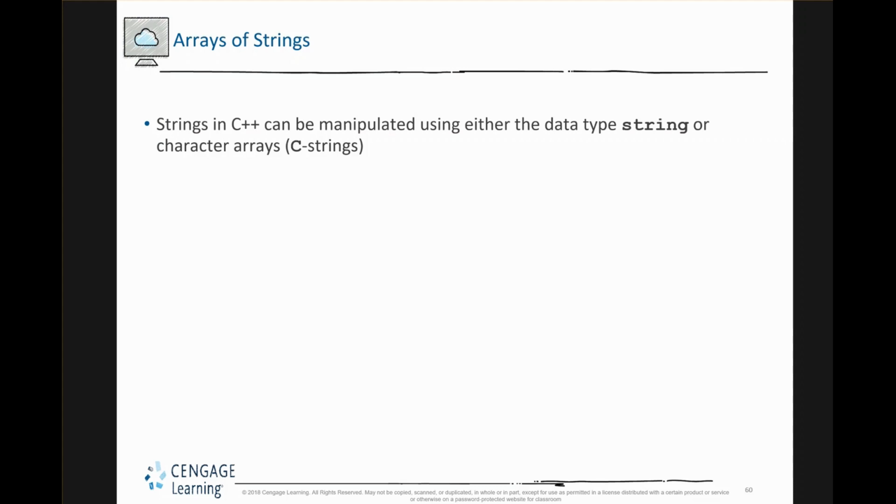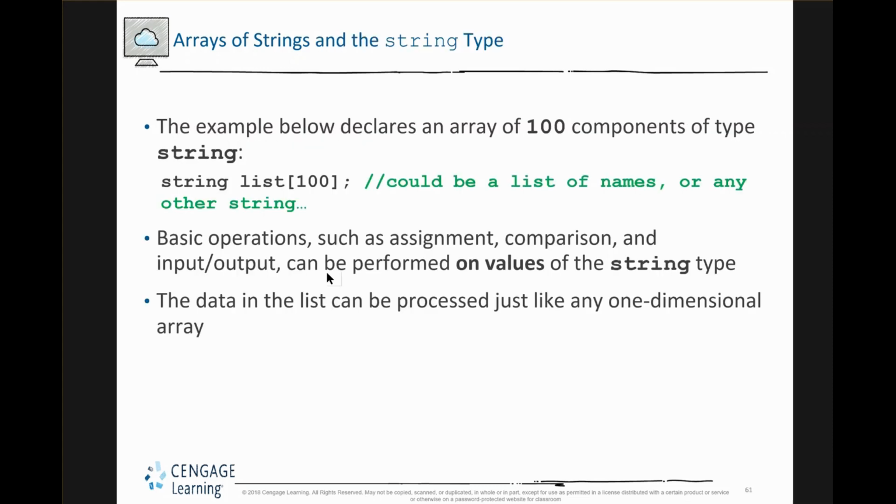Arrays of strings can be manipulated using the data type string or character arrays, which are also known as C-strings. Arrays of strings and the string type. The example below declares an array of 100 components of type string. So here's our data type, and here's our array, and we have 100 items in this array. So we're going to have 100 string elements in the array.